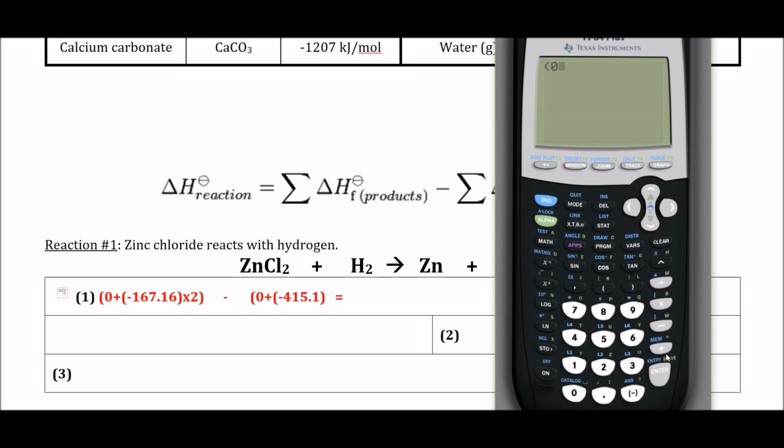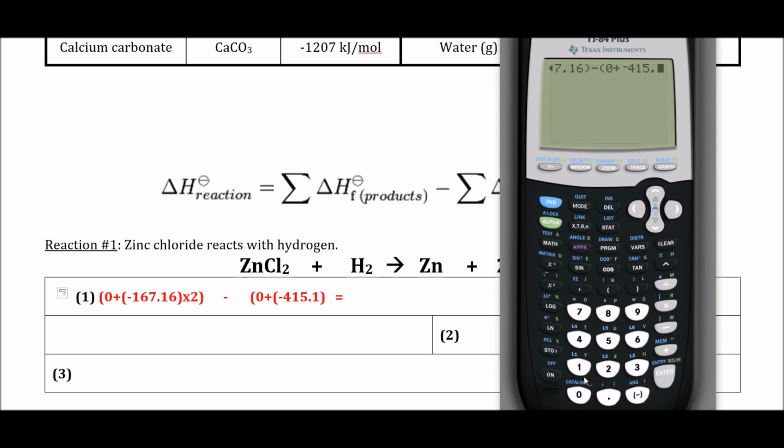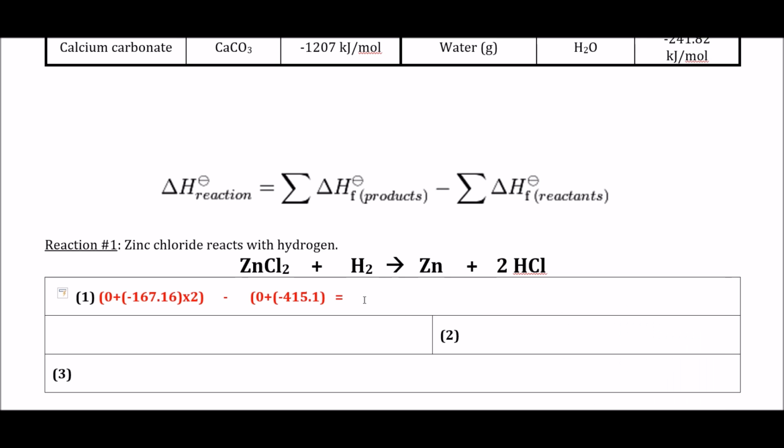Parentheses 0 plus 2 times negative 167.16, and then we're going to do parentheses closed, and then we're going to subtract parentheses 0 plus negative 415.1, parentheses closed, and what we end up getting is 80.78.